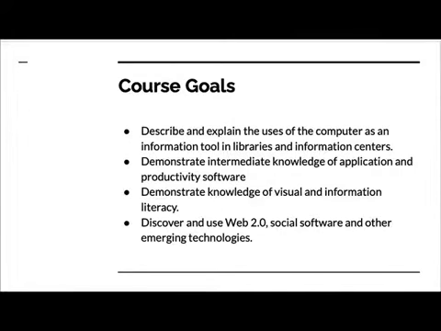So our course goals. First is to describe and explain the uses of the computer as an information tool in libraries and information centers. I want to give an aside here. Some of you may be nervous when you think about having to use computer technology on the back end. We're all users of computers. We've all been using machines, but now we really want you to start to be able to break it down a little bit, to think about what's the code that I'm interacting with behind a website.